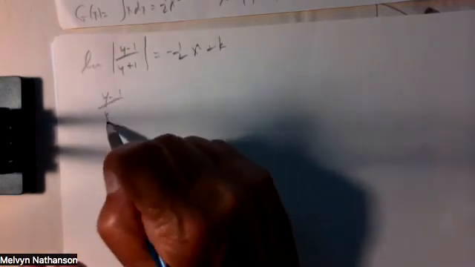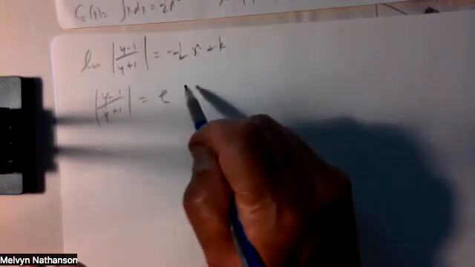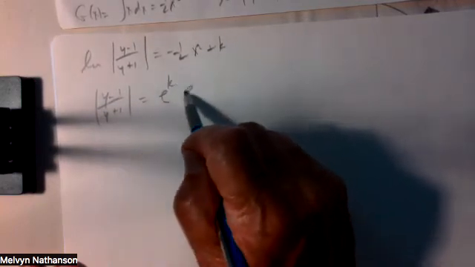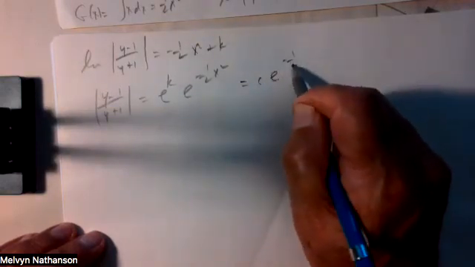If you exponentiate, you get the absolute value of y minus 1 over y plus 1 is e to the k, e to the minus a half x squared. e to the k is just some constant, so I can write this as c e to the minus a half x squared.